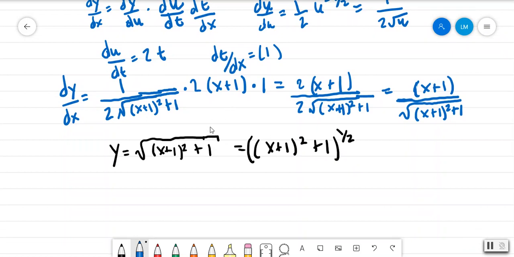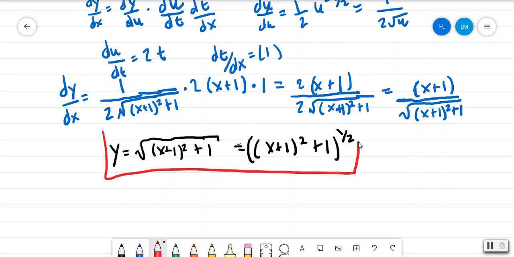This function right now is in terms of x, so the derivative of this is actually not too bad, but you have to get used to applying the chain. We'll probably have to come back to this one, where we try to find the derivative of it without using the composites.